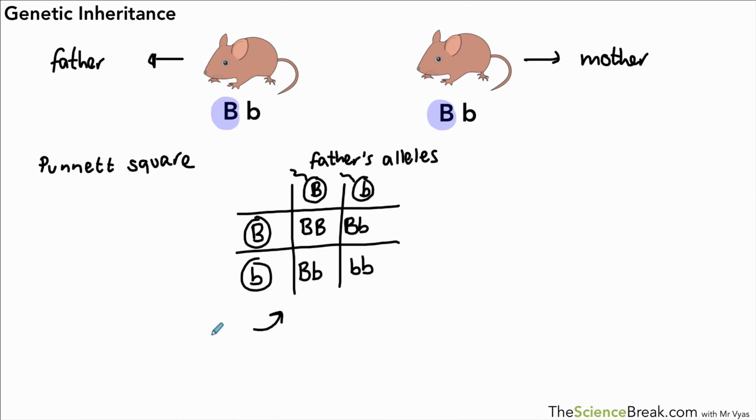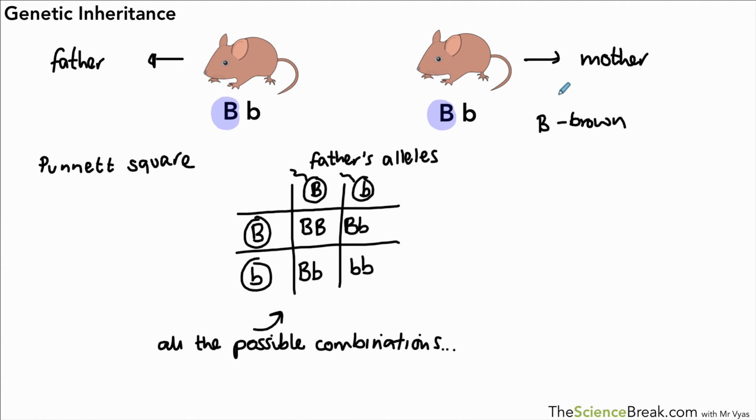So from this information, we can work out what the color of all the different mice is going to be. And remember, this is all the possible combinations that can happen. There are no other combinations that can happen other than those four. So what are the colors? Remember, we have a capital B, meaning brown, and this is the dominant allele. And therefore the lowercase b gives a white color, and this is the recessive allele.